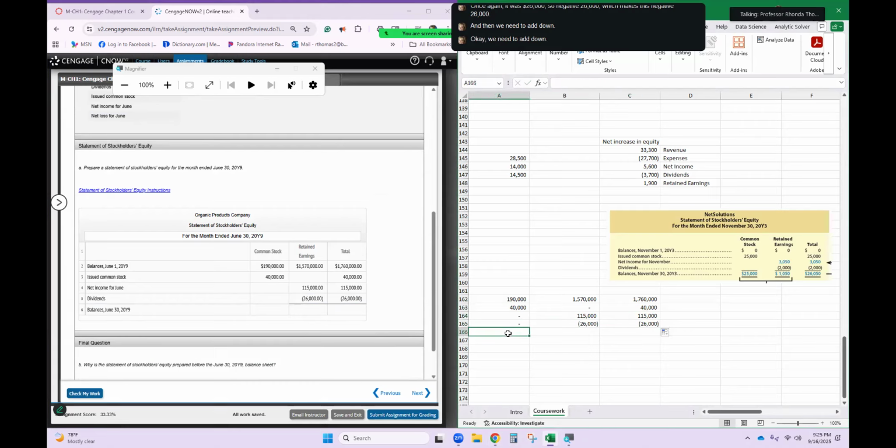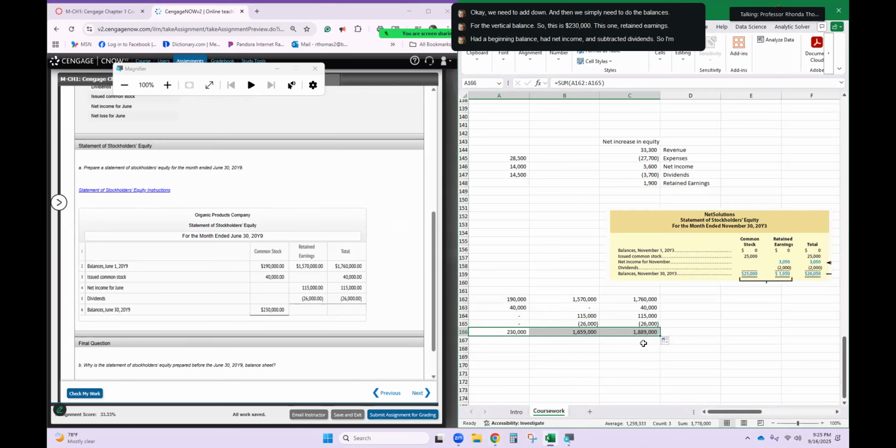And then we simply need to do the balances for the vertical balance. So this is 230,000. This one, retained earnings, had a beginning balance, had net income, and subtracted dividends. So I'm going to go ahead and pull that over.